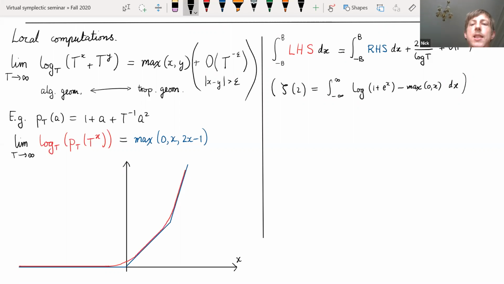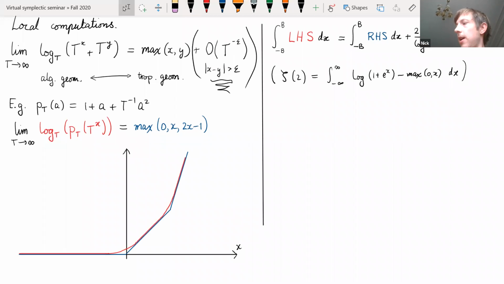And the explanation for why the subleading asymptotics come from the bends is sort of here: if x and y are separated by epsilon, then this is an approximation that works modulo t to the minus epsilon. But if x and y are equal, then it is not as good an approximation.